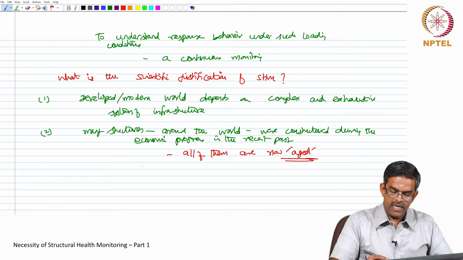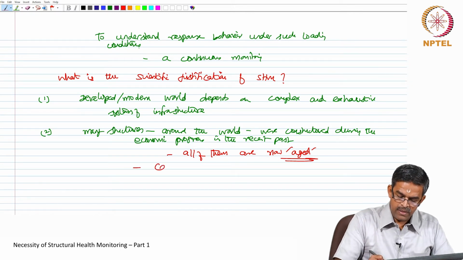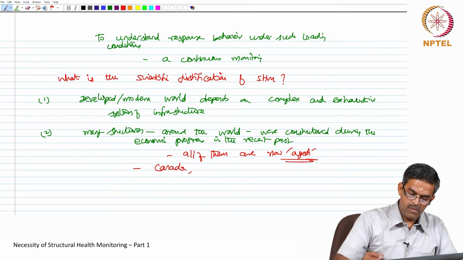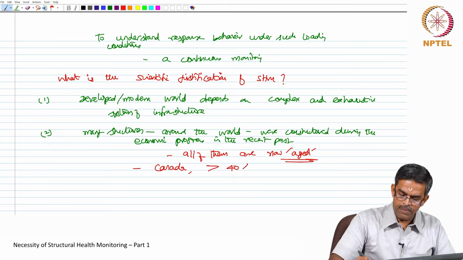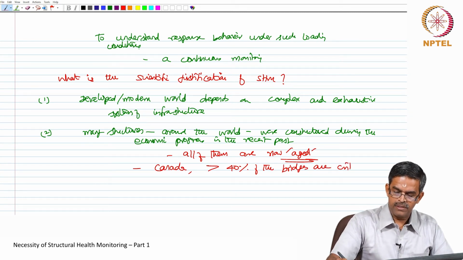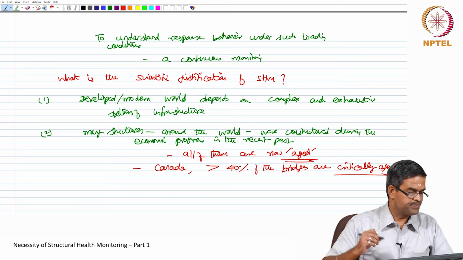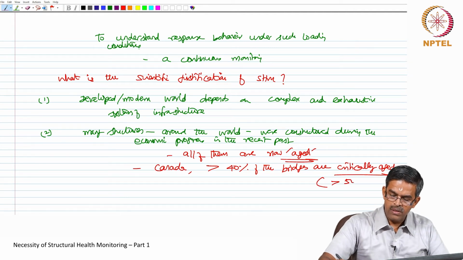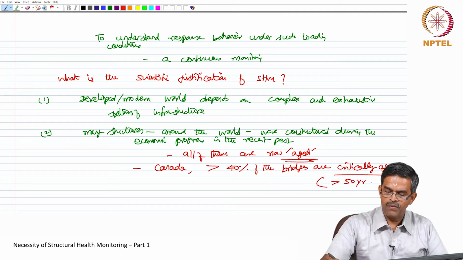For example, statistics say that in countries like Canada, more than 40% of the bridges are critically aged, found to be more than, let us say, 50 or 60 years old.